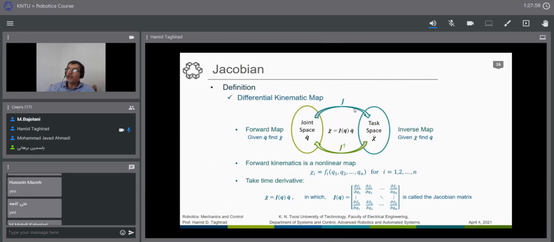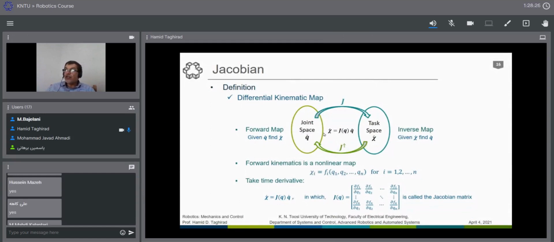The forward map is related by the Jacobian, and for the inverse, if we have a fully actuated manipulator, a square Jacobian matrix, then we have the inverse of J as the inverse map. If it is not square, we use a pseudo inverse here. We will talk about that later in the inverse problem.